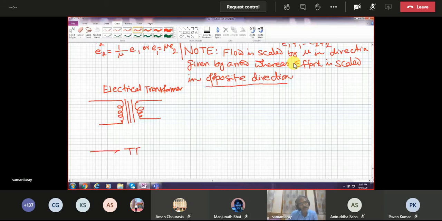One side is the primary side. Let's say voltage on the primary is the effort, and flow is the current in the primary side. On this side, the effort is voltage in the secondary side, and flow is the current in the secondary side. So what do we have here? NP by NS.